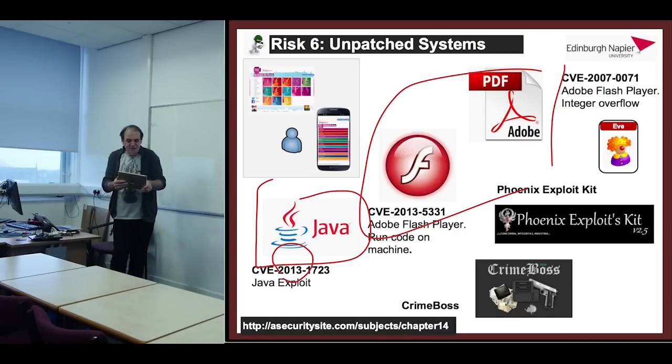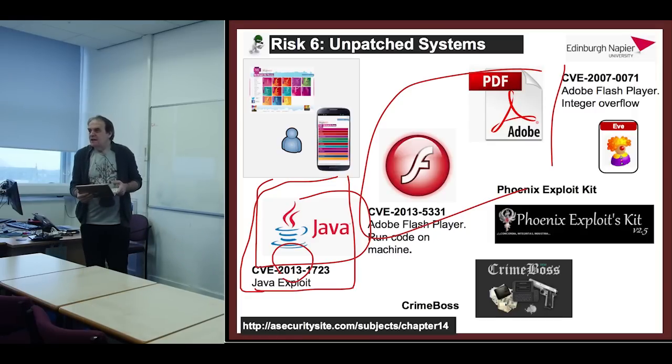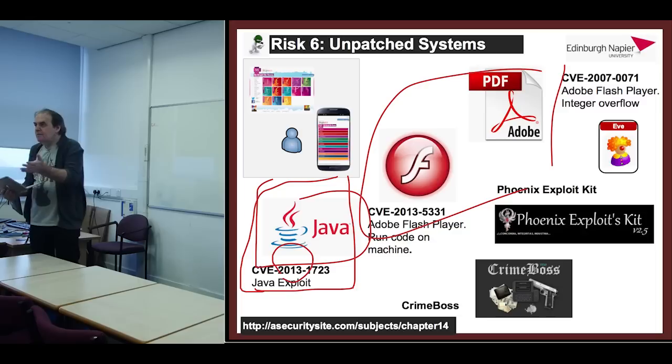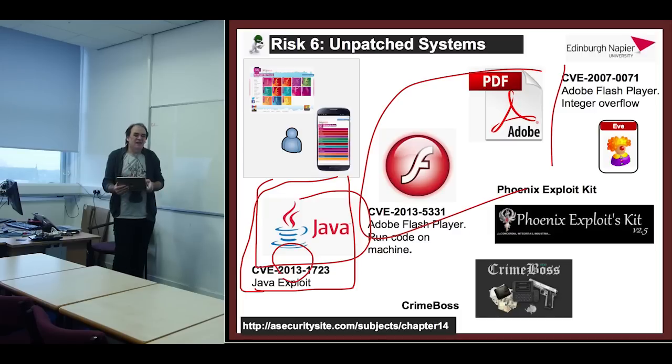Why do you think it's still prevalent? What's the problem with Java, do you think? That means it's still an exploit of choice. I haven't patched it, yeah. So it's very difficult. It's not an easy process to update your Java.